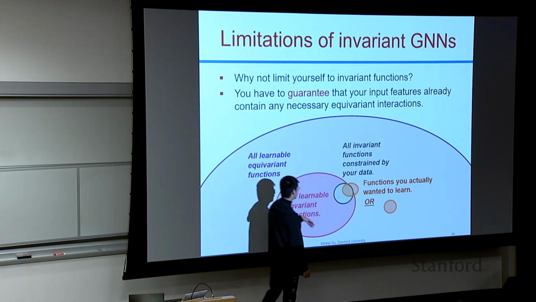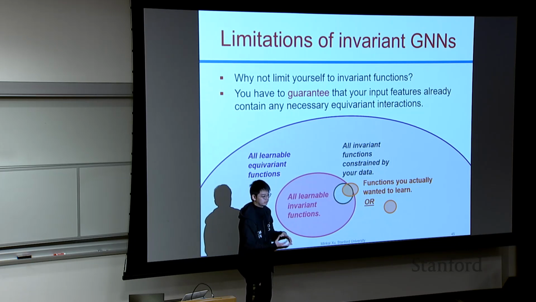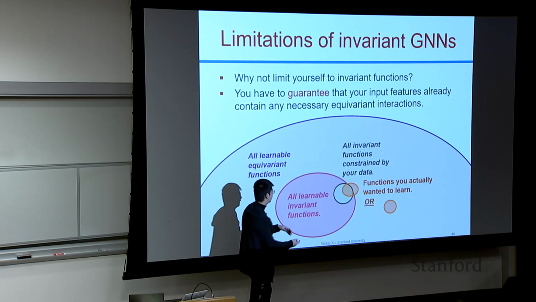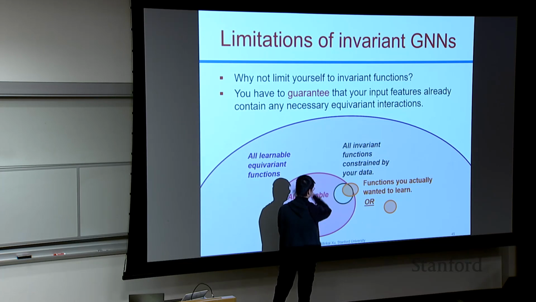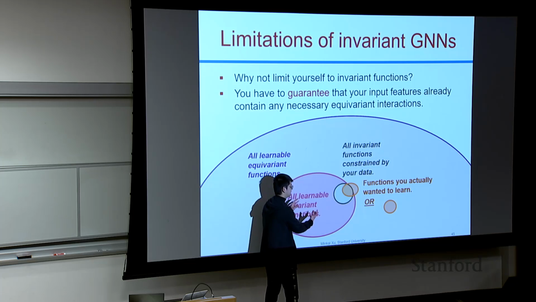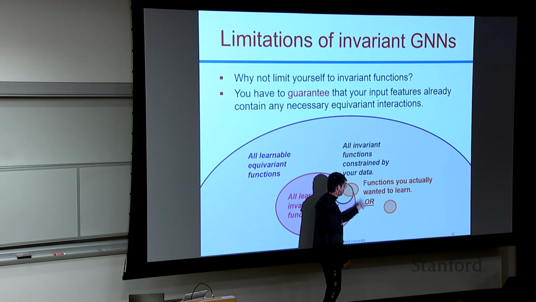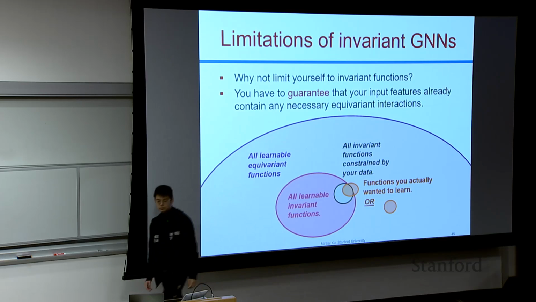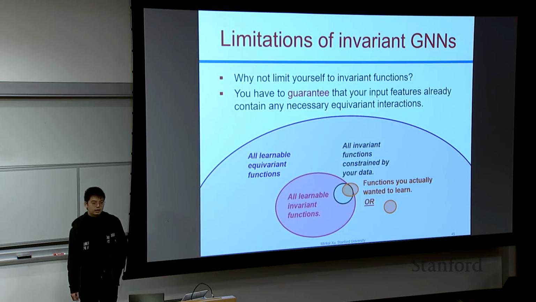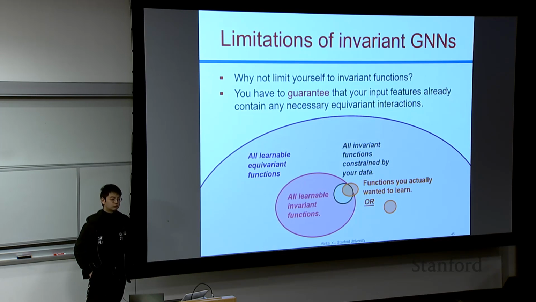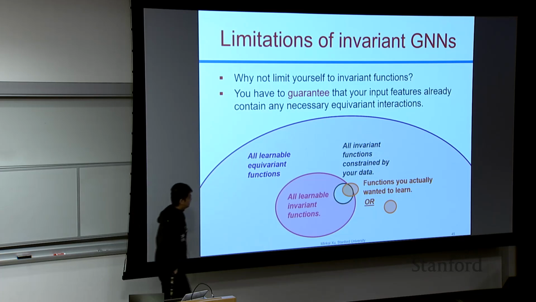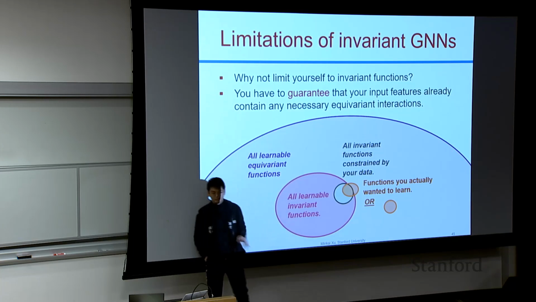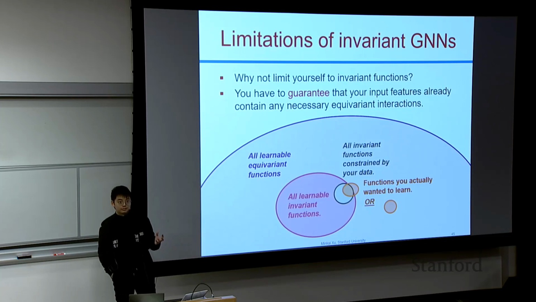But when we constrain ourselves to only invariant features like distances and angles, we actually constrain ourselves to a subspace, and maybe we couldn't find the optimal solution. In neural networks, we usually say we want our function to be a universal approximation. But here, we constrain our function too much. We want to release some space of our neural network.